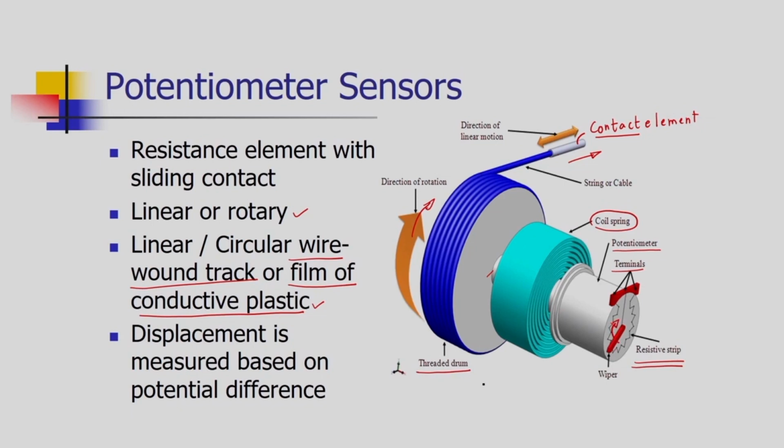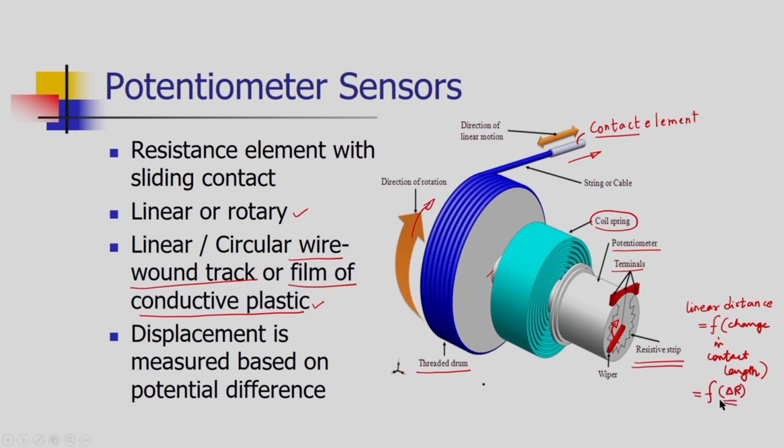As the wiper rotates clockwise, there is a change in length of contact with the resistive strip. So, the linear distance is a function of the change in contact length of the potentiometer sensor, and further it is a function of the resistance.